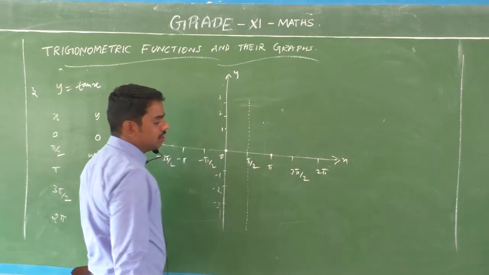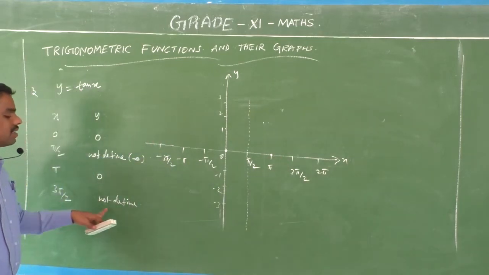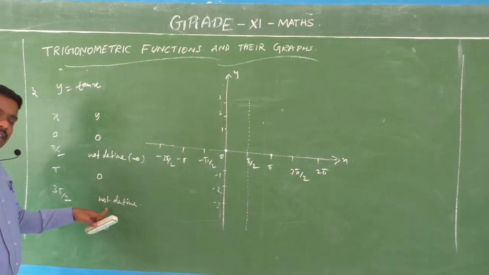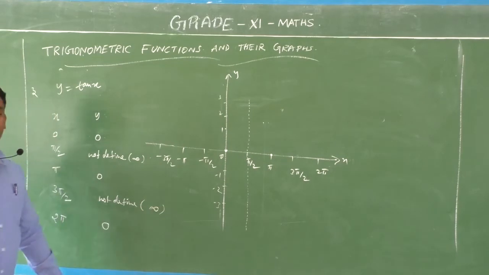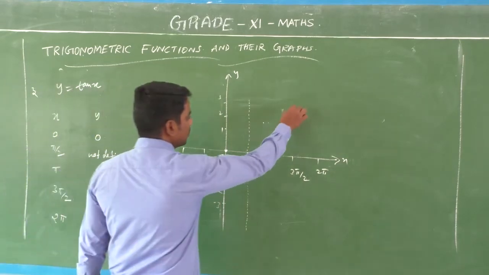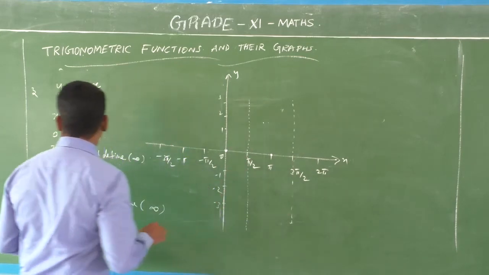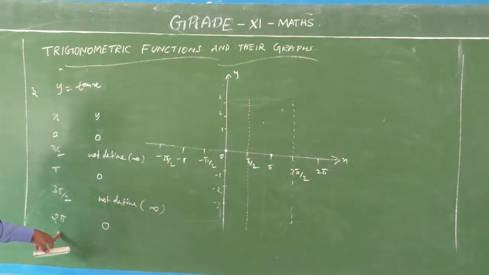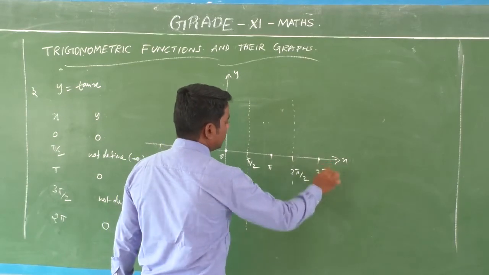Next, x equal to 3 pi by 2 and y equal to tan 3 pi by 2 is not defined. Not defined means infinite. Next, x equal to 2 pi and y equal to tan 2 pi, which is 0. So the point is 2 pi comma 0.